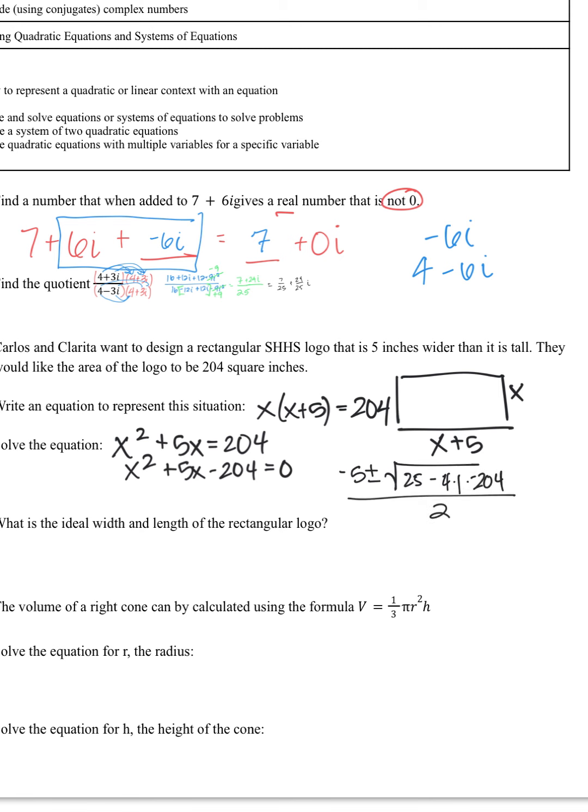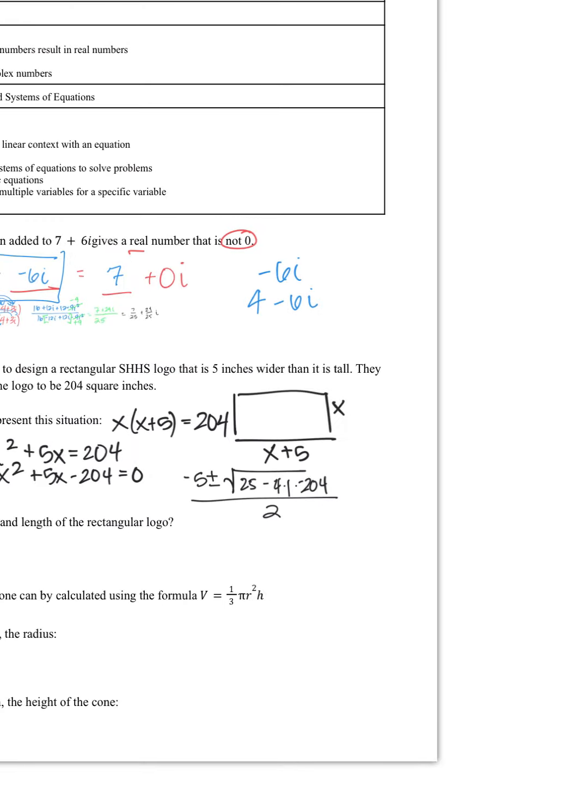And I put that top part into my handy dandy calculator. So I've got 25 minus 4 times 1 times negative 204. And I get 841. So I've got negative 5 plus or minus the square root of 841 divided by 2.